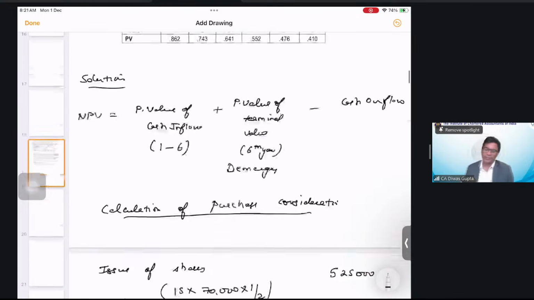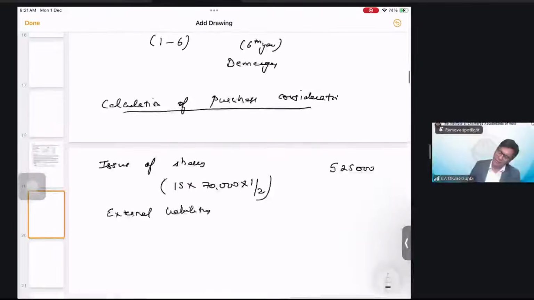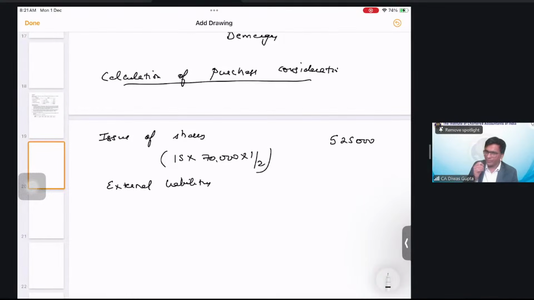External liabilities is given in the question, it will be settled at 5 lakh rupees. So in a way, 5,25,000 worth of shares we are issuing to Leopard Limited, and 5 lakh worth of liabilities are getting settled outside.